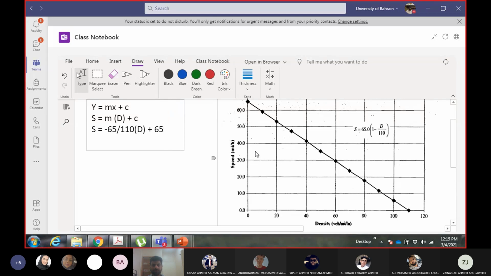If you simplify it, 65 will come outside: s equals 65 times (1 minus d upon 110). I'm calling it equation 1.